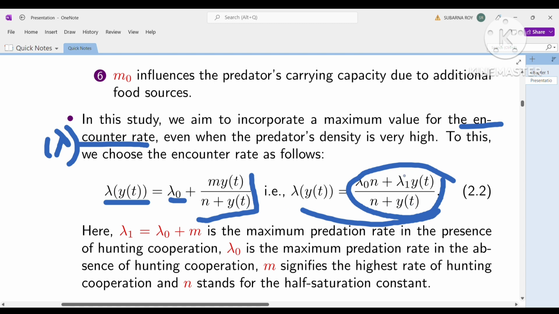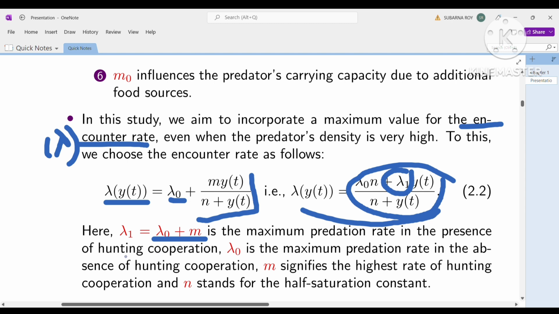So here lambda 1 is nothing but lambda 0 plus m. By calculating we can obtain this, which is the maximum predation rate in the presence of hunting cooperation, and lambda 0 is the maximum predation rate in the absence of hunting cooperation.